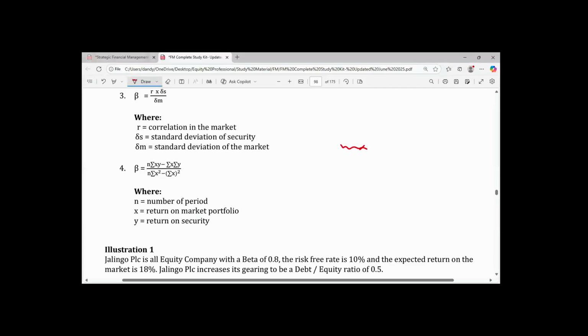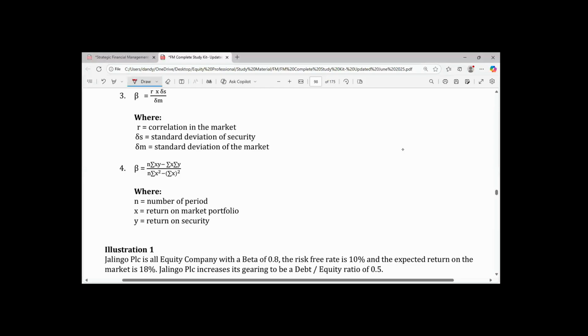In our last class, we started the capital asset pricing model. As a recap, we said that the capital asset pricing model is a model designed principally to establish the relationship between systematic risk and expected return of a risky asset, that is, stocks.